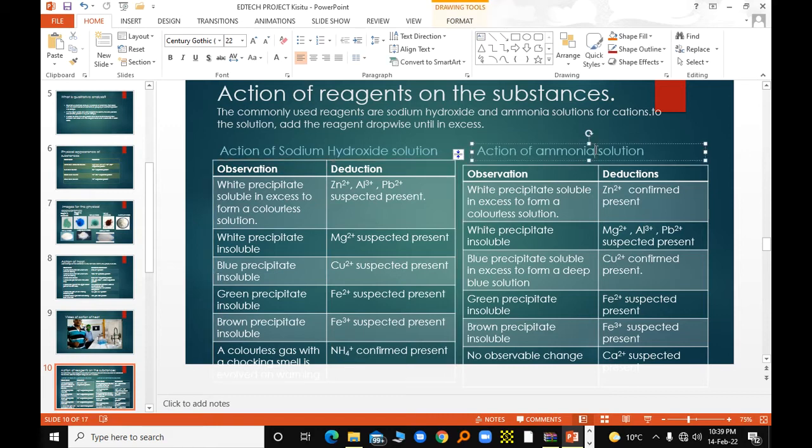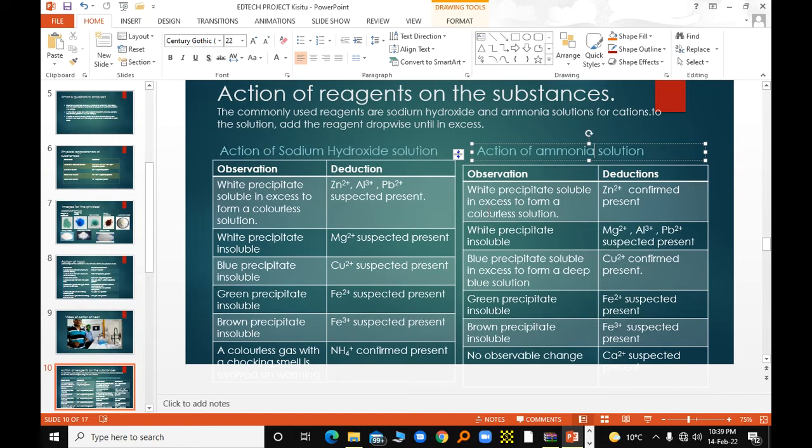Let me move to action of ammonia solution. Whenever you see white precipitate soluble in excess to form a colorless solution, remember when we added sodium hydroxide, we saw the same thing. We deduced zinc, aluminium, and lead. This time, when you have white precipitate soluble in excess to form a colorless solution, you confirm zinc, because zinc is the only ion which brings the same observation in both of the two reagents.